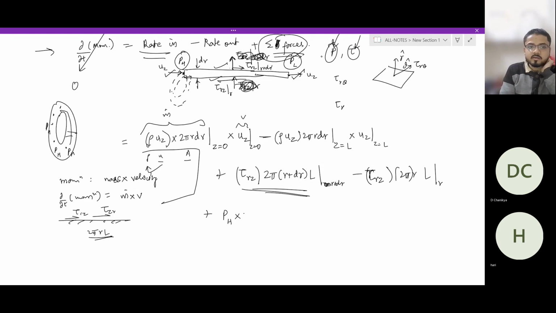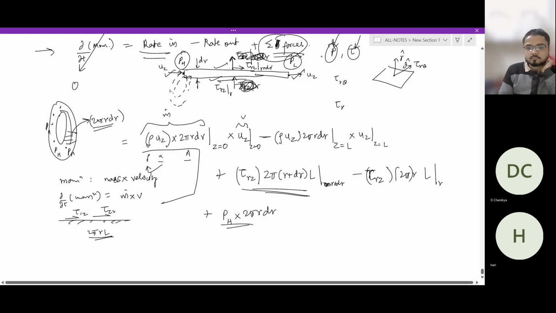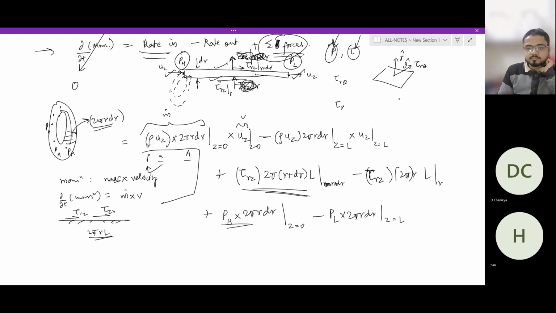So since this entire area is 2 pi r dr, and the pressure is acting uniformly across the area, the total force that you can write is 2 pi r dr at z equals 0, minus PL, that is the low pressure, times 2 pi r dr at z equals to L. That's right.